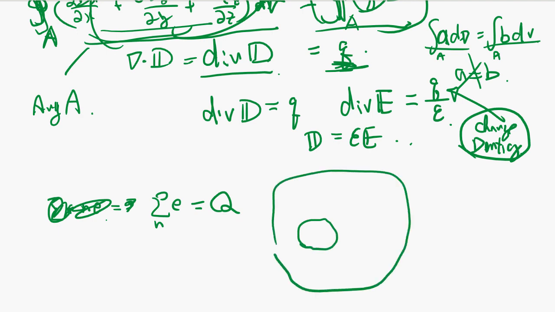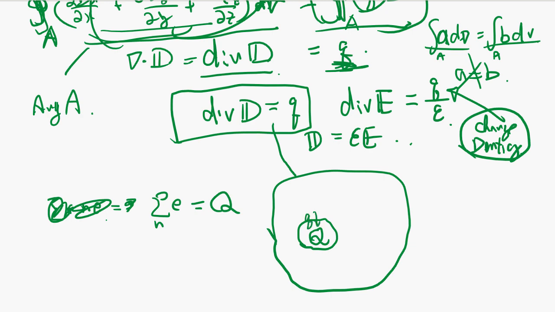Any boundary should give the same result. So this Gauss law indicates here's a Q, which is distributed inside this volume.